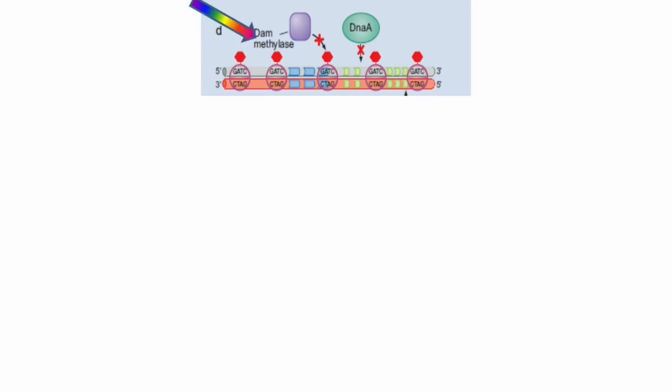Second, when bound to these oriC proximal sites, SeqA prevents DnaA from binding to oriC and initiating a new round of replication. Thus, the conversion of oriC proximal GATC sites from methylated to hemimethylated sites inhibits DnaA binding and therefore prevents rapid reinitiation of replication from the two newly synthesized daughter copies of oriC.